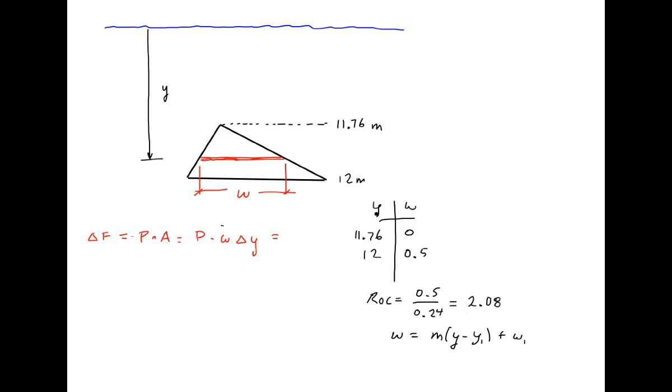What is the width at 12 meters? What is the width at 12 meters? Look at your picture. So if you do the slope, and then if you put that down here, then you can put y equals 0.